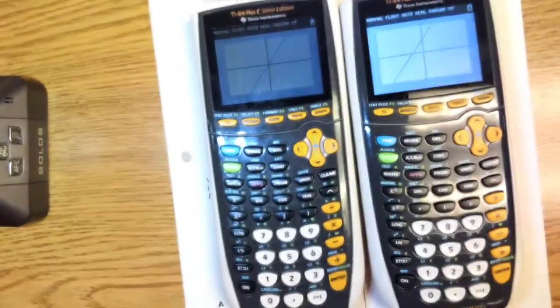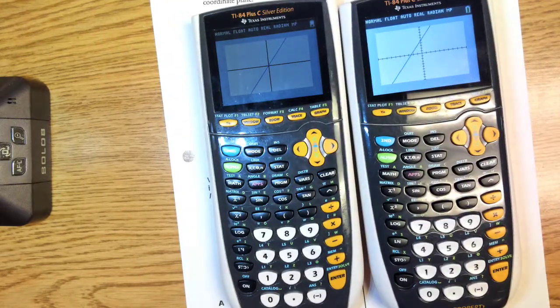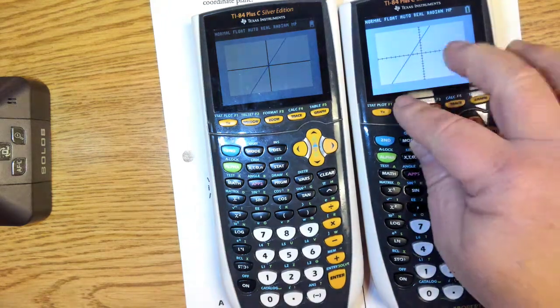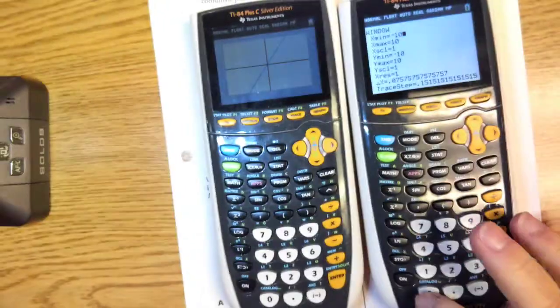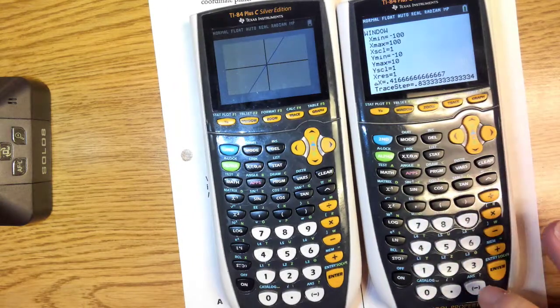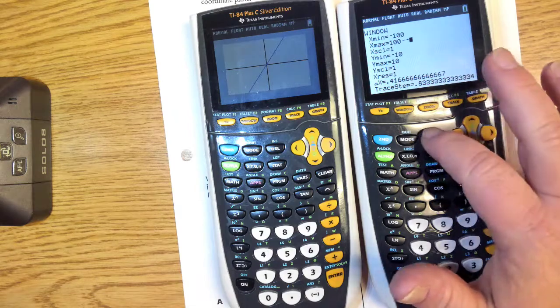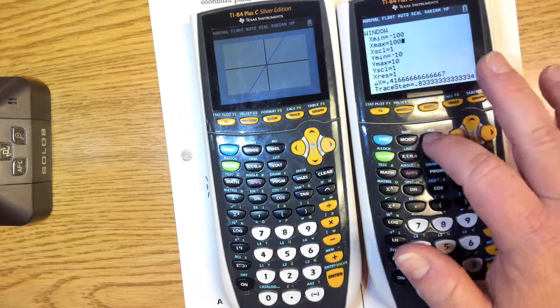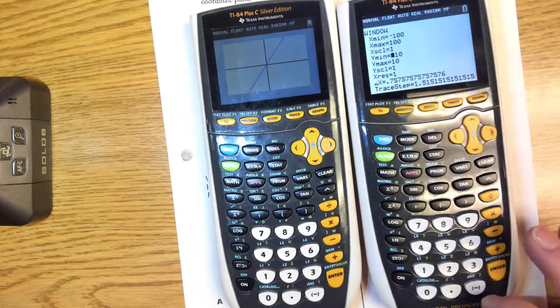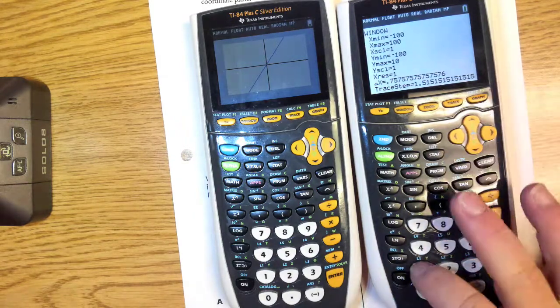I'm trying to come up with a number that would make sense. I want to see what this looks like at negative 100, 100. Negative 100 and 100.